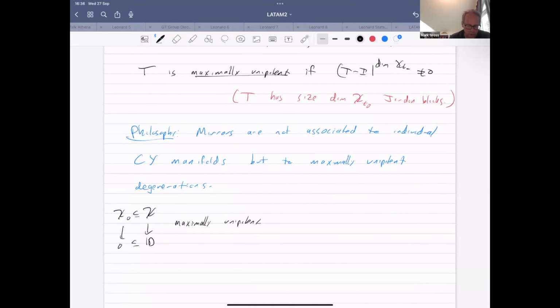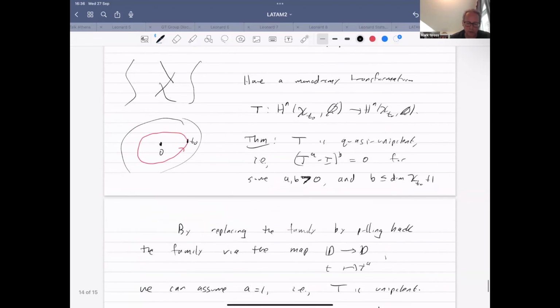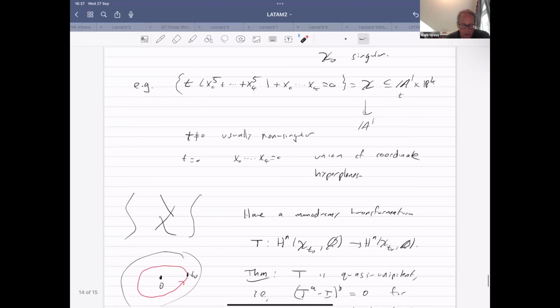Now, by the way, let me just say, since I gave this example over here, this is an example of a maximally unipotent degeneration. It is as degenerate as possible.